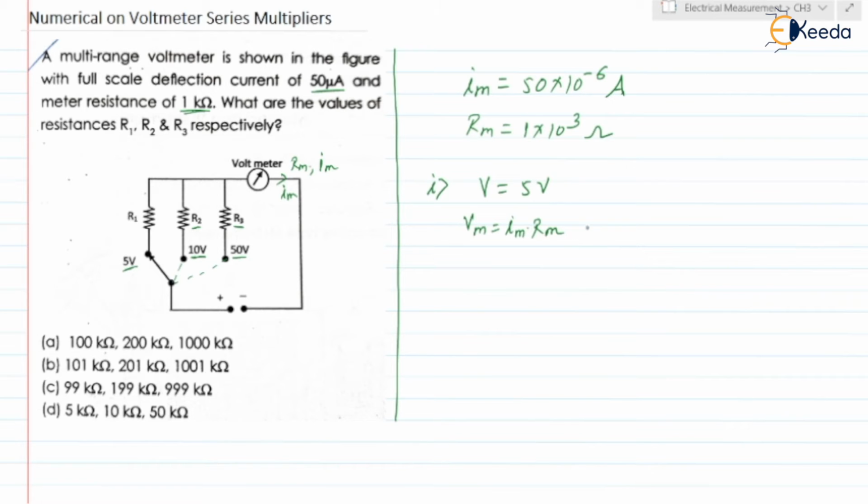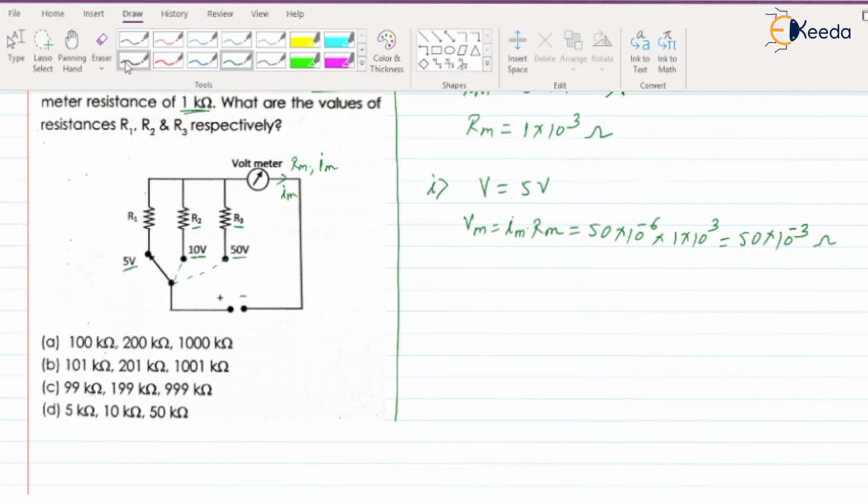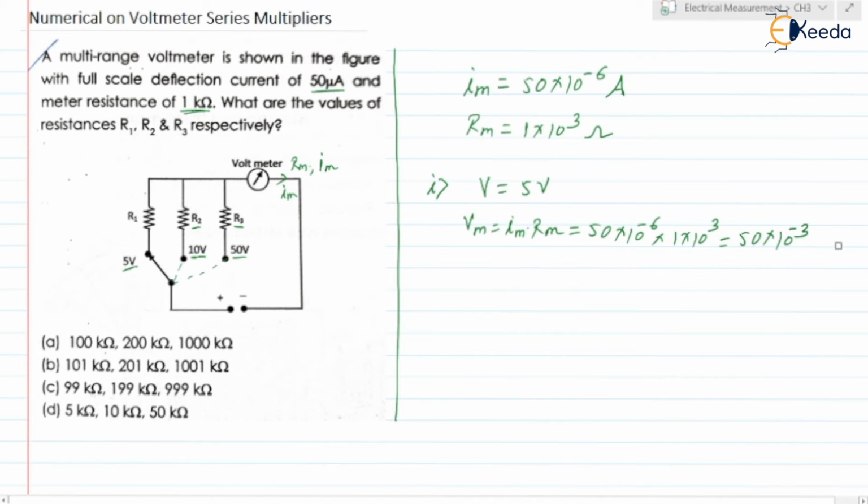Im into Rm is equal to Vm, which is 50 into 10 to the power minus 6 into 1 into 10 to the power 3. So it is equal to 50 into 10 to the power minus 3 volt. This is Vm.